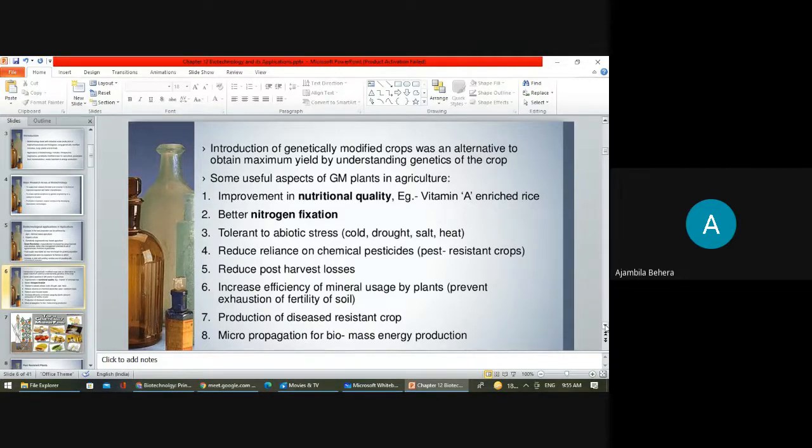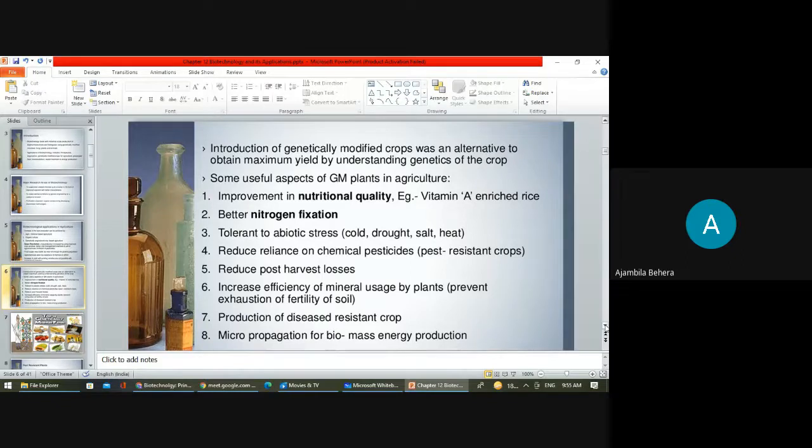So reduce post harvest losses, then increase efficiency of mineral usage by plants. These types of GM crops can utilize more and more nutrients. Whatever nutrients are available in the soil, those minerals can be efficiently utilized by such GM crops.